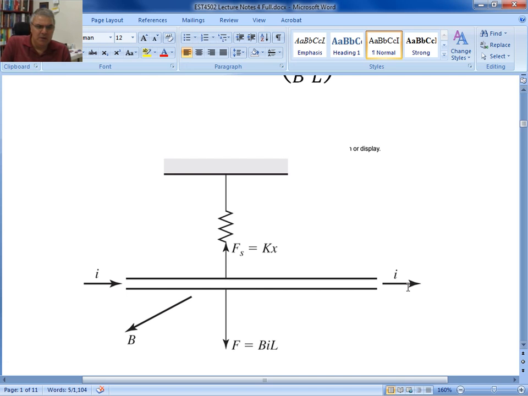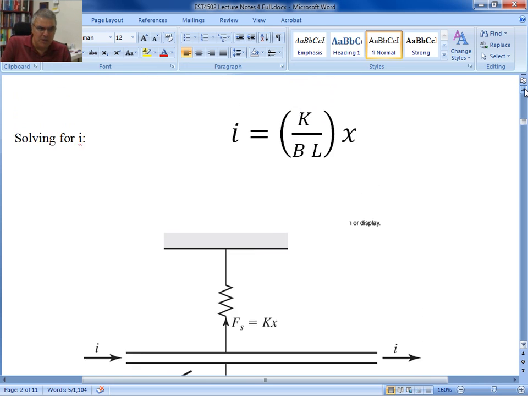Here's the figure. Please look above this point. If you have an F sub S, that is the force developed in the spring as a result of displacement X, or displacement could also be measured simply as F sub S divided by K, which is the stiffness.